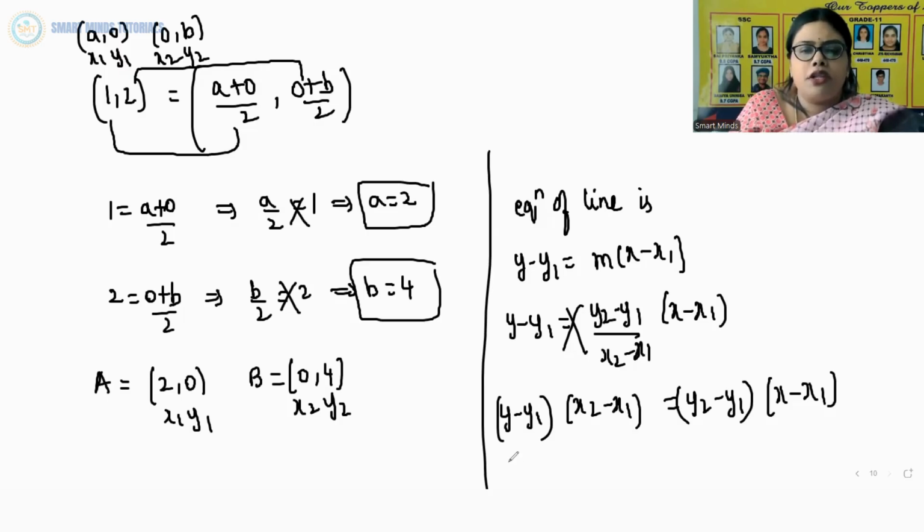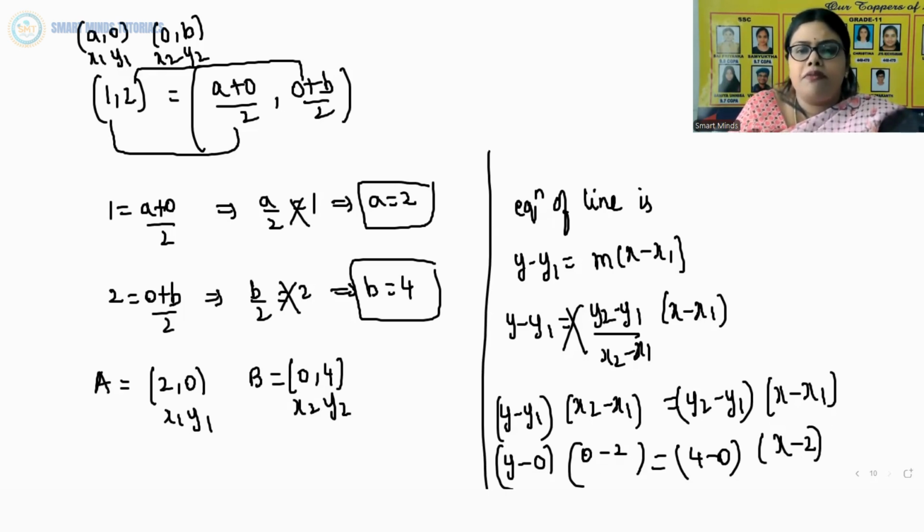Now substitute here. Sorry, y minus y1 into 0 minus 2 is equal to y2 minus y1, which is 4 minus 0, into x minus x1, x minus 2.